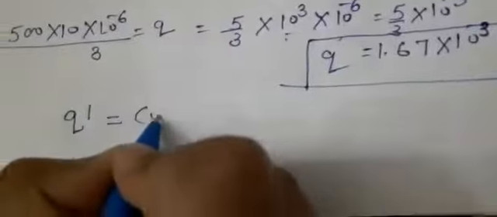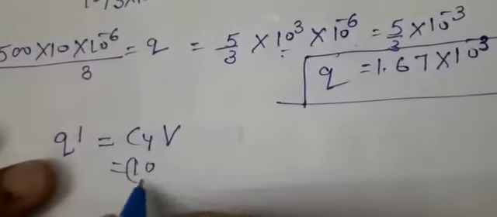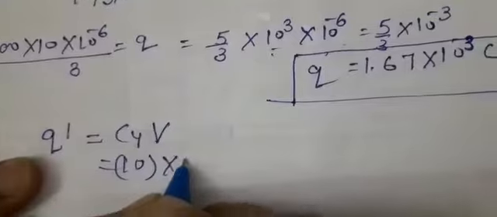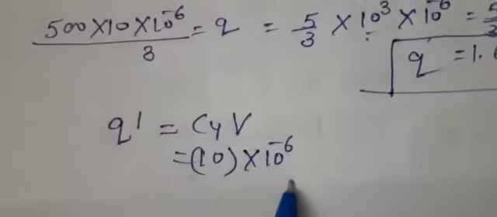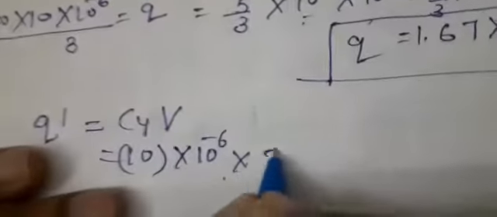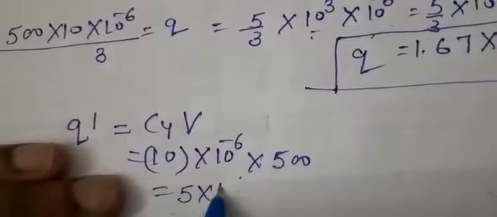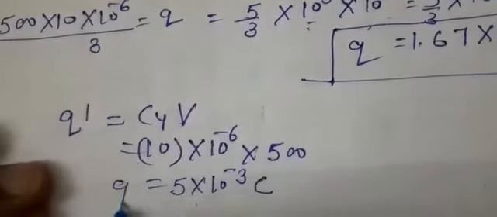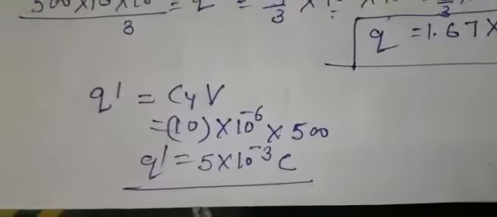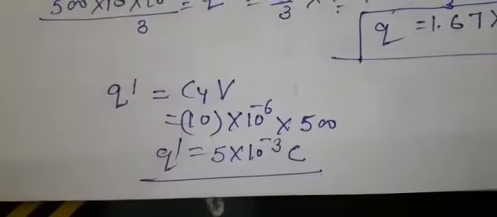So Q dash, when you have to obtain, this will be C4 into V. C4 is 10 into 10 raised to the power minus 6, and then the voltage 500. So it is 5 into 10 raised to the power minus 3 coulomb.